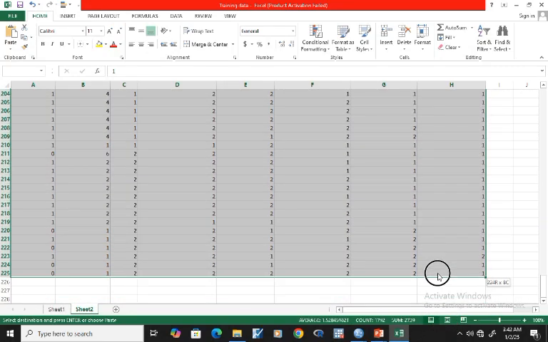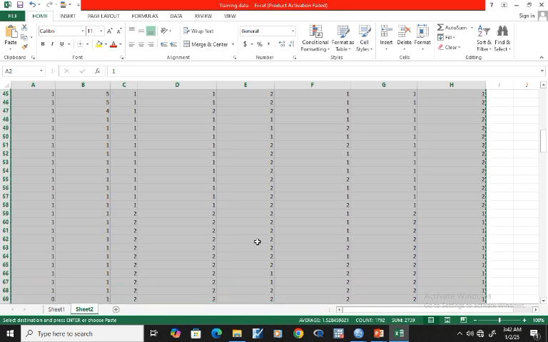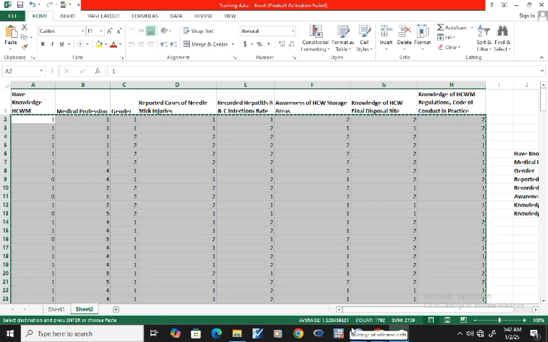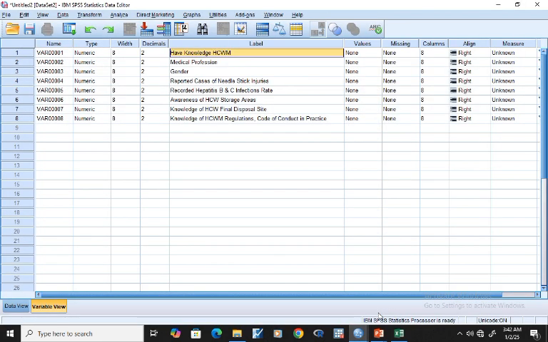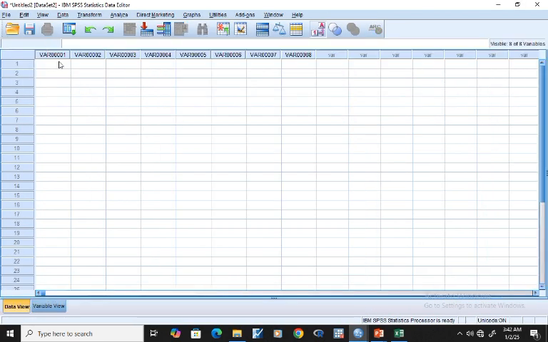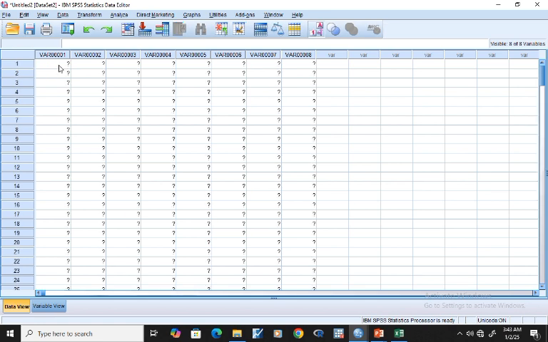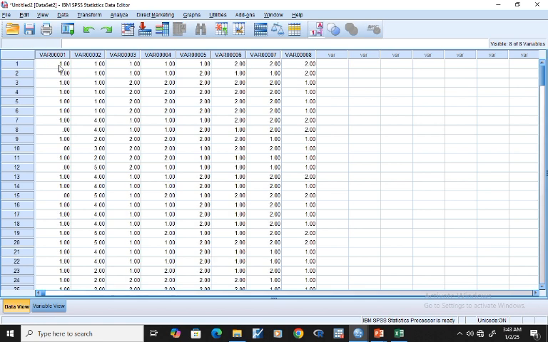Copy, move, and paste it on the data view. Paste it on our data view. Wait for it to paste. Yes, here it is.